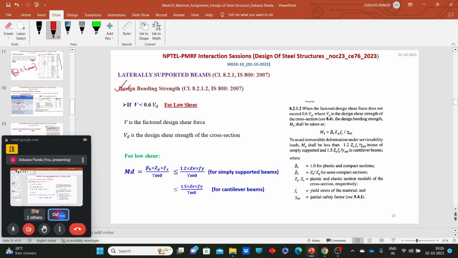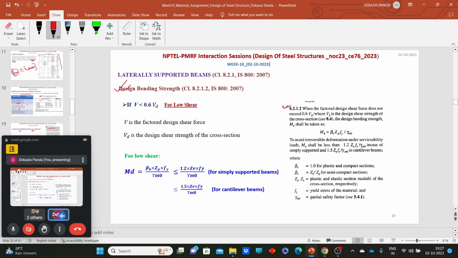Clause 8.2.1 says two things. First check whether your beam is subjected to low shear or high shear. So we need to check two conditions before calculating the design bending stress. The first thing is whether my beam is subjected to low shear or high shear. How can we identify whether the beam is in low shear or high shear?